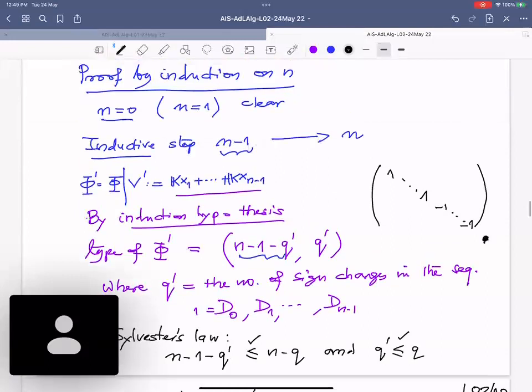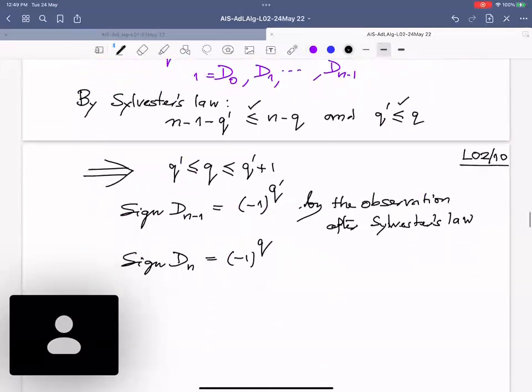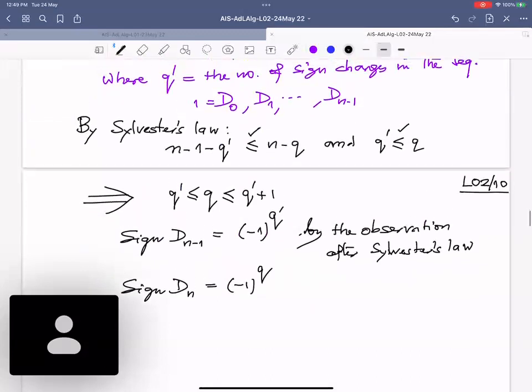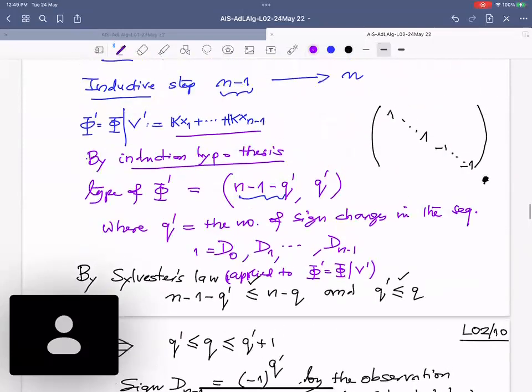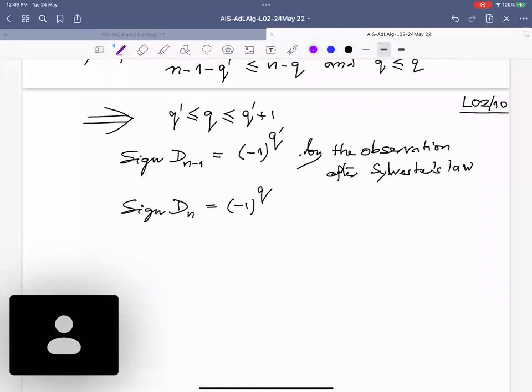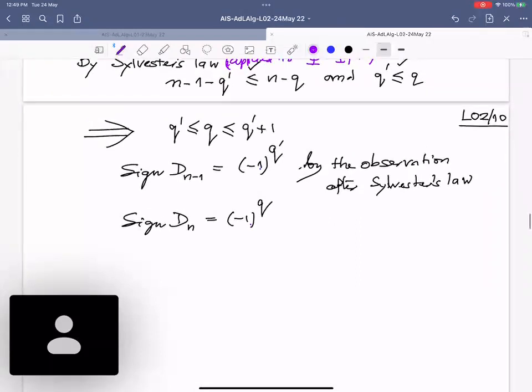And also Sylvester's law is also used. The Sylvester's law we have applied to, if you want, you should remember, you should write here, applied to phi prime, which is phi restricted to V prime. I call it V prime now. So you see, we have this information, and from here, if q equals q prime, then they have the same sign, so no need to count extra.